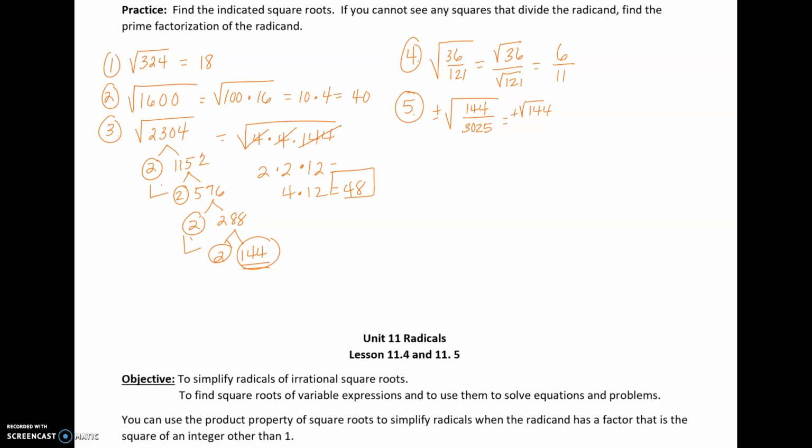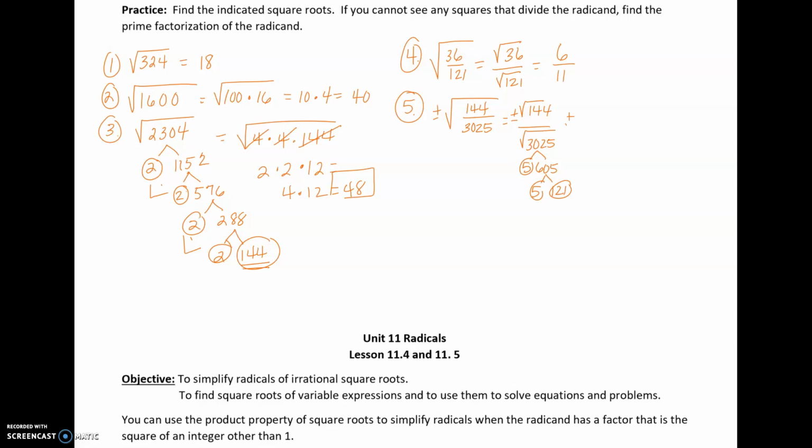So I have positive or negative 144 over 3025. 3025, I don't know if that's a perfect square, but I do know it ends in a 5. So 5 times 605 is one of the factors. Then I know that it still ends in a 5, so that's 5 again, and 5 times 121. And I know 121 is a perfect square.